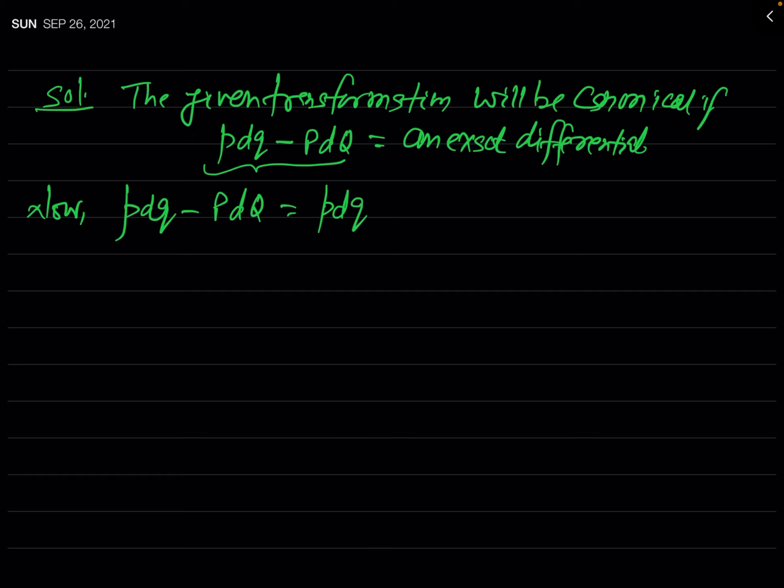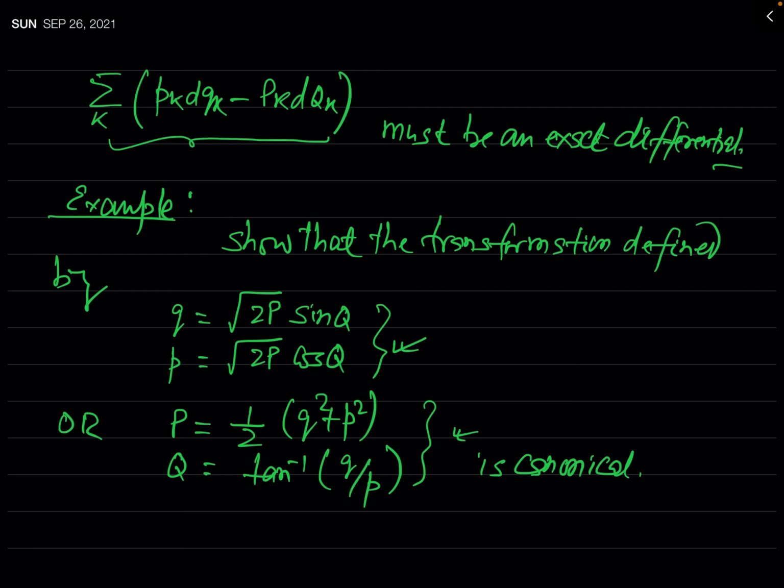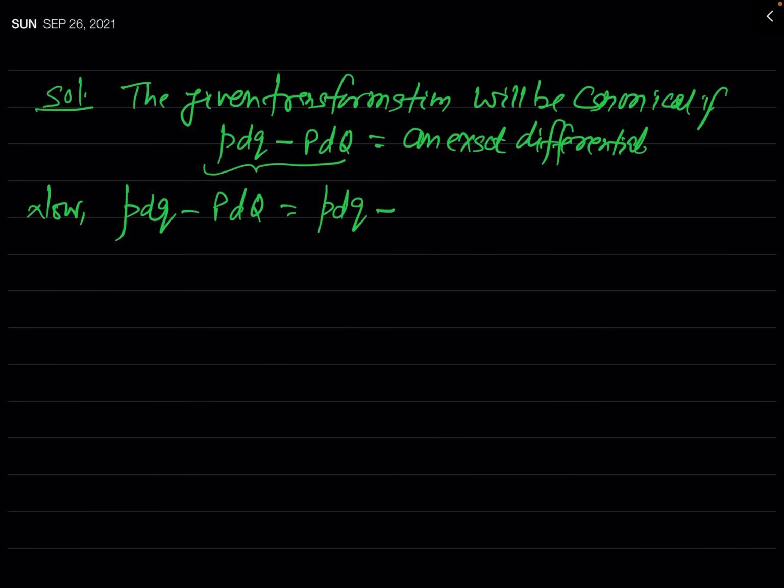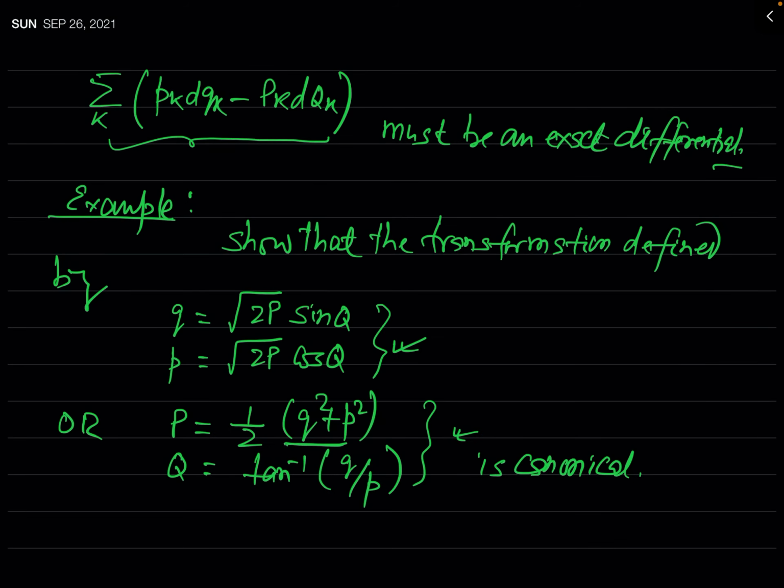What will be this? You can write this as p dq minus. Now see, this capital P in terms of a small q and a small p is this much. So write this expression for the capital P. This will be half (q square plus p square), and times dQ. dQ means differential of capital Q. And you can see it is given in this problem that this capital Q is equal to tan inverse q by p.